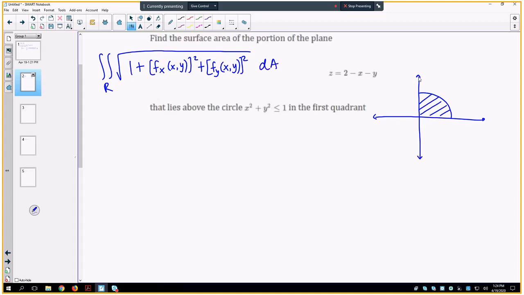So first of all, if f of x and y is 2 minus x minus y, then I can say that its first partial with respect to x is minus 1. And its first partial with respect to y is also minus 1.